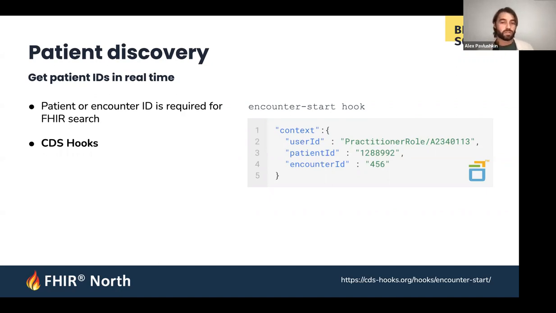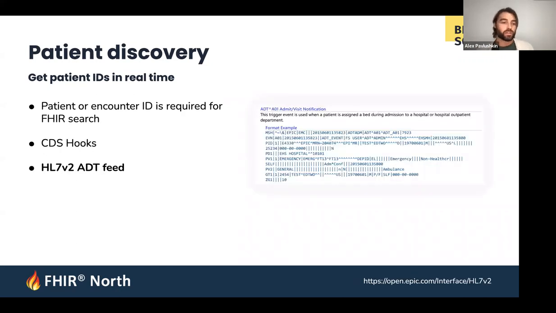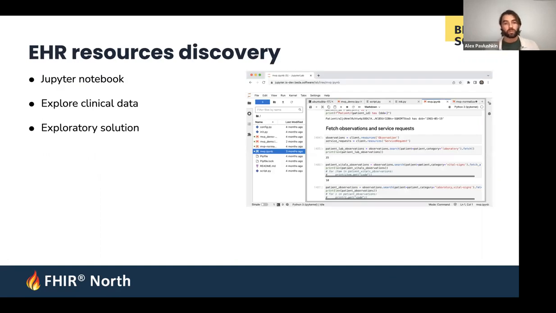If CDS Hooks is not available, an HL7 v2 ADT feed is also a viable solution, because we have the patient ID and encounter ID, and we can use this information for further polling. Once we get access to the hospital environment, we can start exploring resources, because the structure and terminology may vary from hospital to hospital.